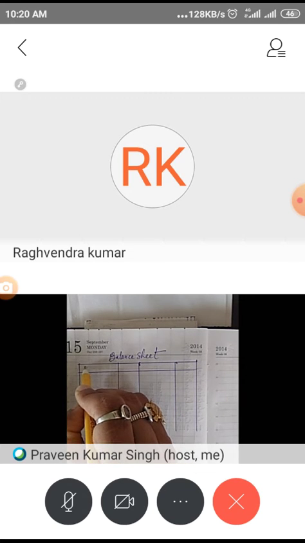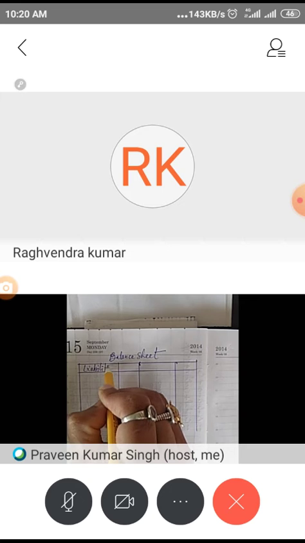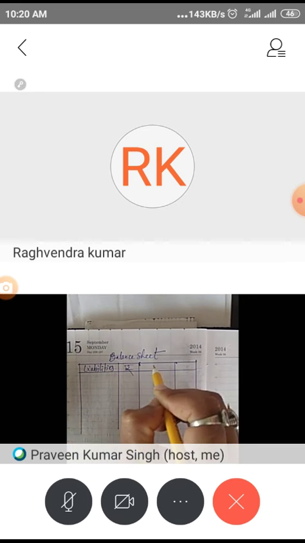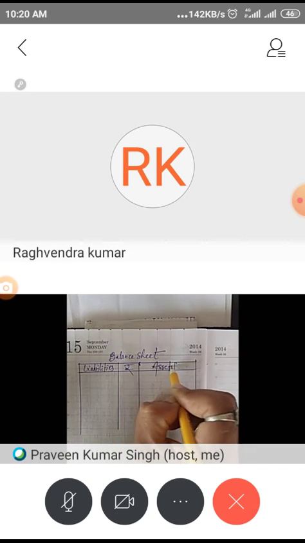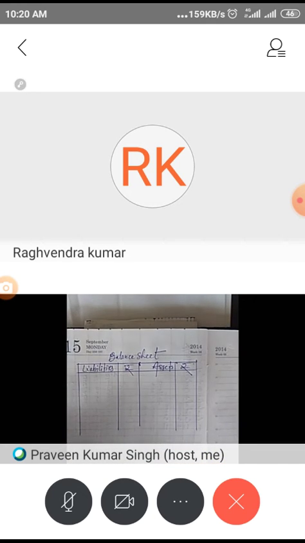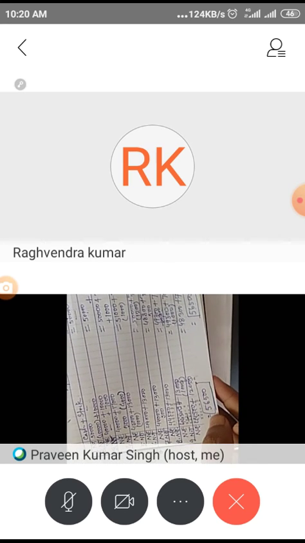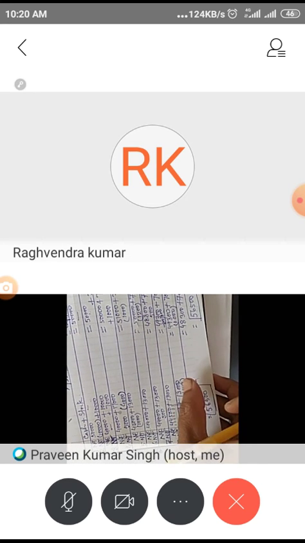This is the liability and capital side, rupees, assets and rupees.